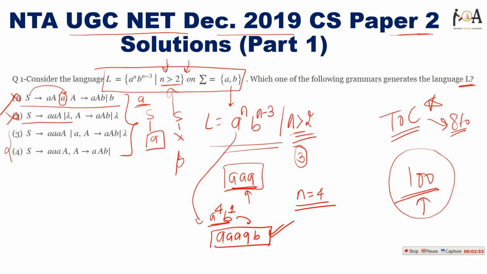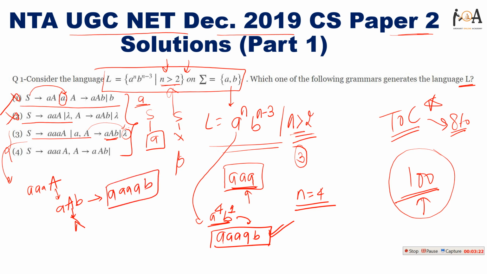If I try to generate this string using option 3, I can generate it like aaa, and then the non-terminal A is there. With this non-terminal I can further generate the terminal a, non-terminal A and b, and with this non-terminal A I can further generate lambda. So ultimately I am able to generate 4 a's and 1 b with this grammar.